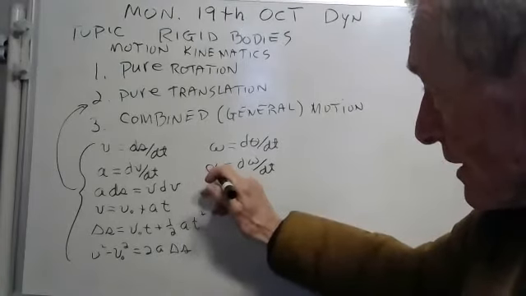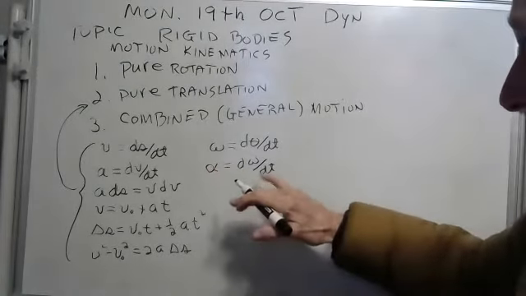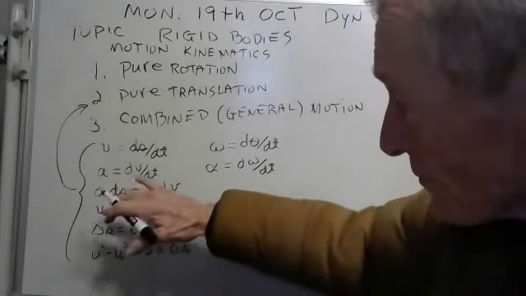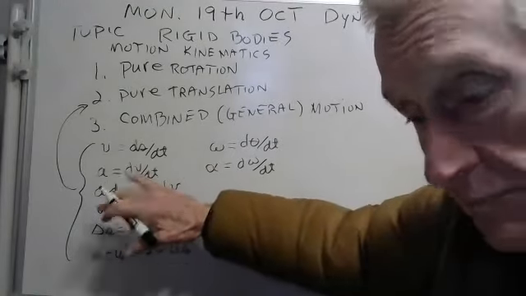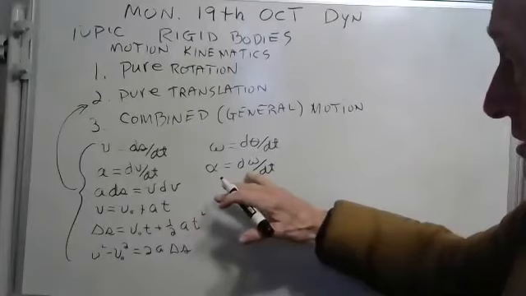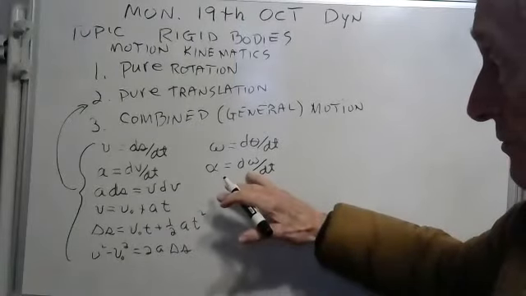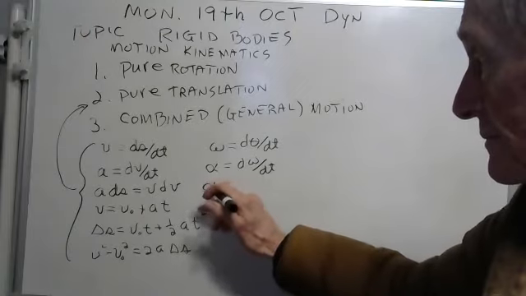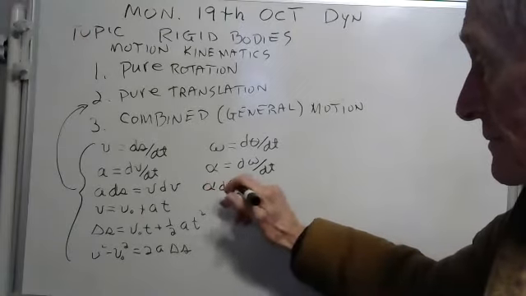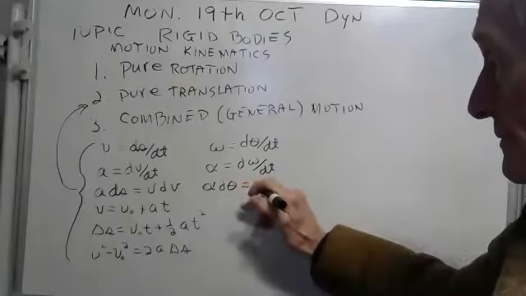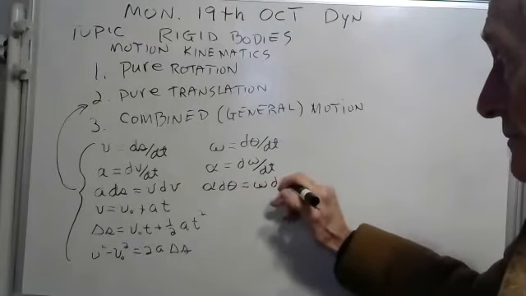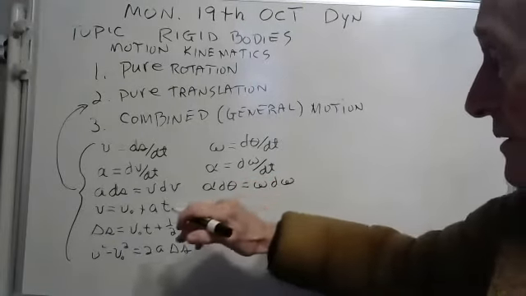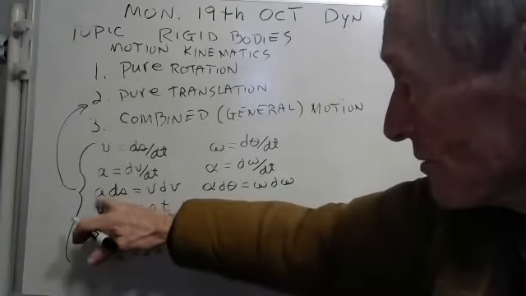And instead of the derivative of linear velocity, it's the derivative of angular velocity. And the same thing here. Here's linear acceleration.